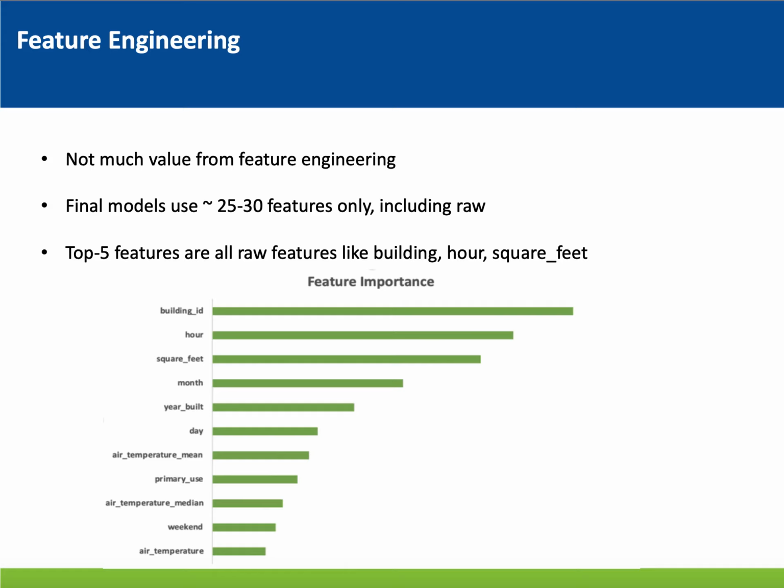If you look at the top few features, you have building ID, hour of the day, the square feet of the building, the month of the year it was built, the day of the month, and so on. Most of these features are the raw features that were available, and any additional feature engineering that we tried did not help in improving the model performance.